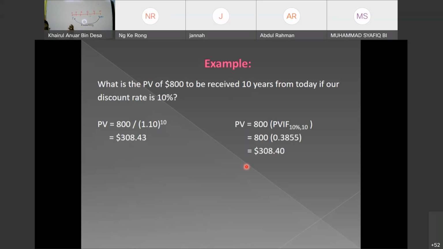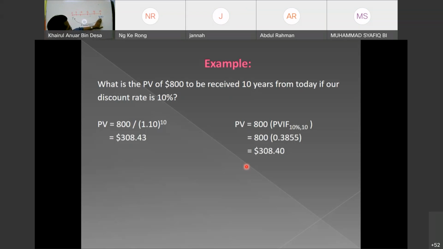Katakan kita nak beli rumah. We want to buy a house. Our dream house. Nilainya 800,000. In 10 years, 10 tahun lagi, kita perlu ada 800,000 untuk membeli sebuah rumah idaman.